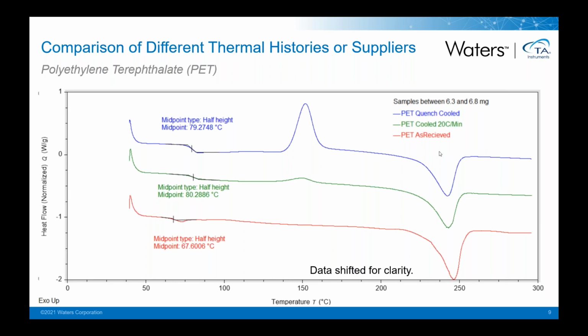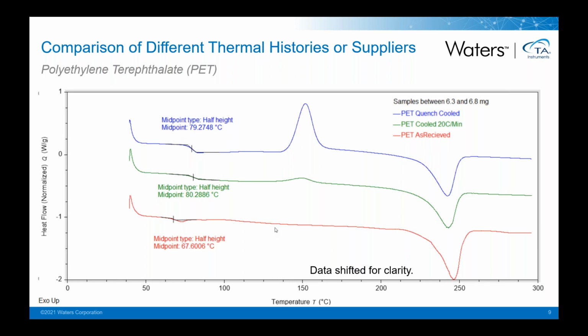So you can see all 3 of these have some varying states of crystalline melting, cold crystallization here around 150 degrees, the blue curve having the most cold crystallization, the red curve showing no signs of crystallization, and then a melt peak here out closer to 225, 250 degrees. And obviously, with a material that goes through cold crystallization, we know that as we received it, it was highly amorphous.